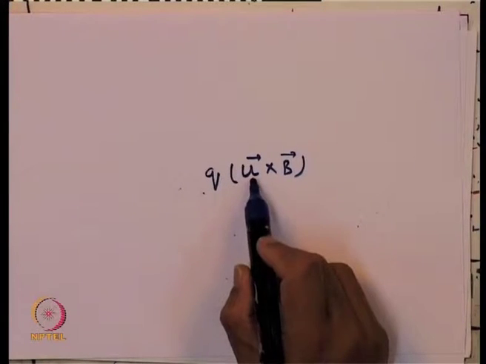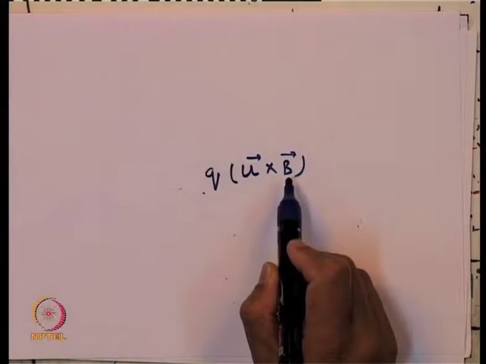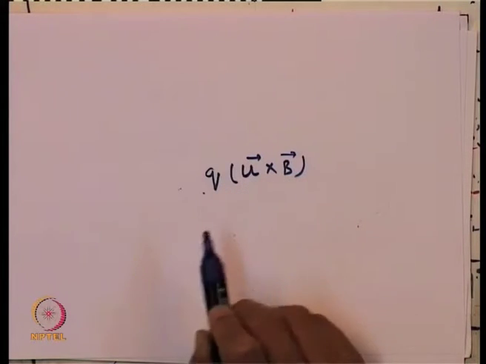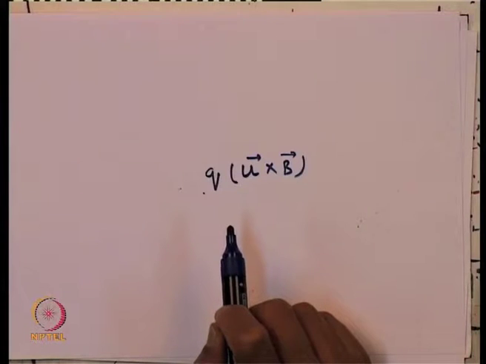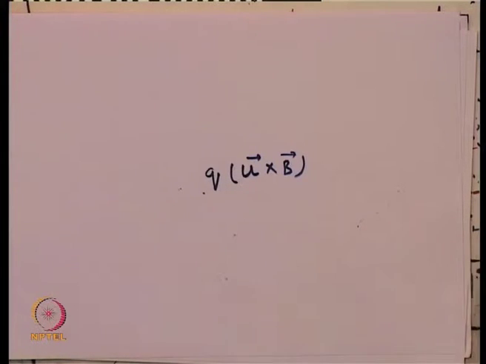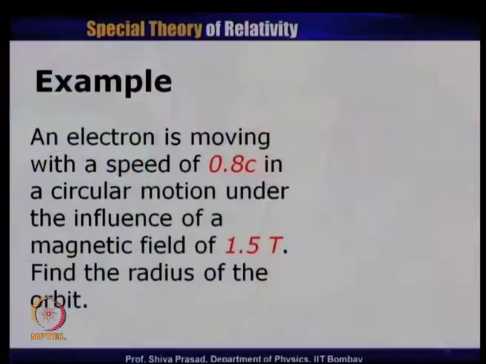Because this is a cross product, this force will always be perpendicular to u. So, this magnetic force will always be perpendicular to the direction of u. Let us take a simple example of a charged particle under the influence of a magnetic field, just to give an example of the case in which force is in the same direction as the acceleration. So, this is the example which I have taken.